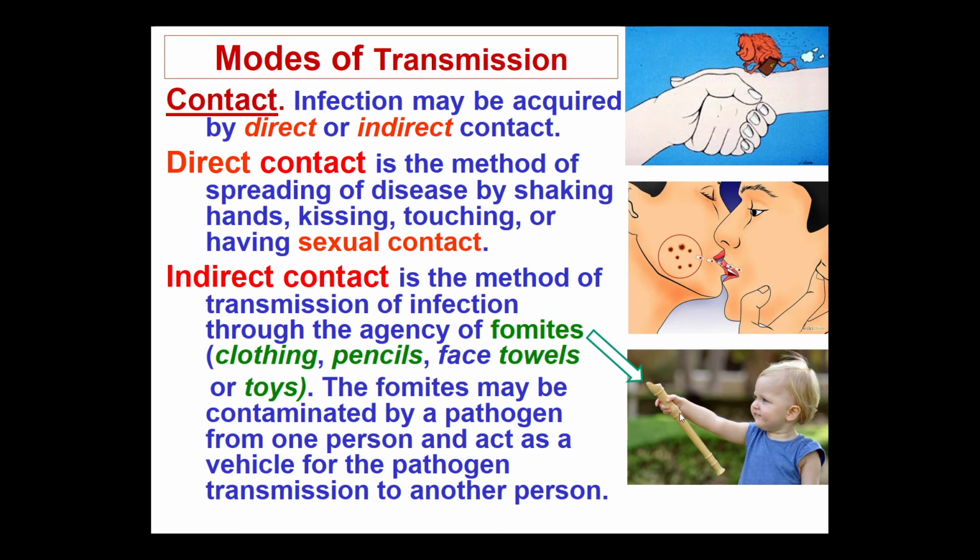Here you see this toy may be contaminated by the saliva of this baby. If the baby is infected and gives this toy to another child, the toy may serve as a fomite transmitting the agent from one person to another. Fomites may be contaminated by a pathogen from one person and act as the vehicle for the pathogen transmitted to another person.